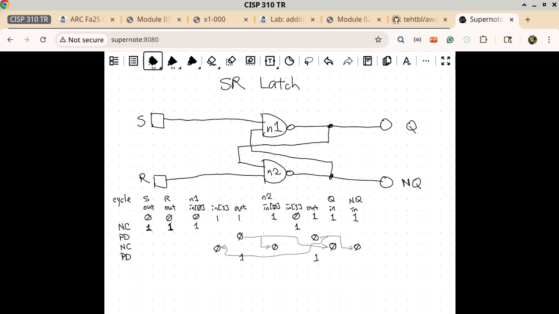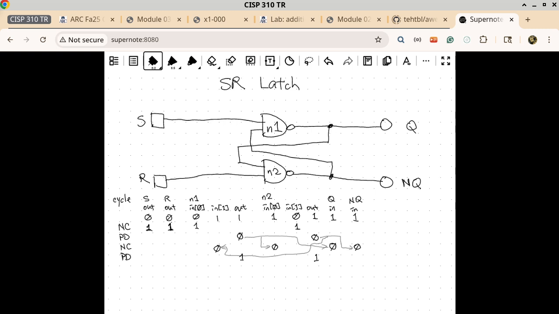S and R are guaranteed to be the same regardless. But when you look at N1, after the NC row, it changed from a 0 to a 1 because it's node connected. In 1 was a 1 before, but now it has changed.